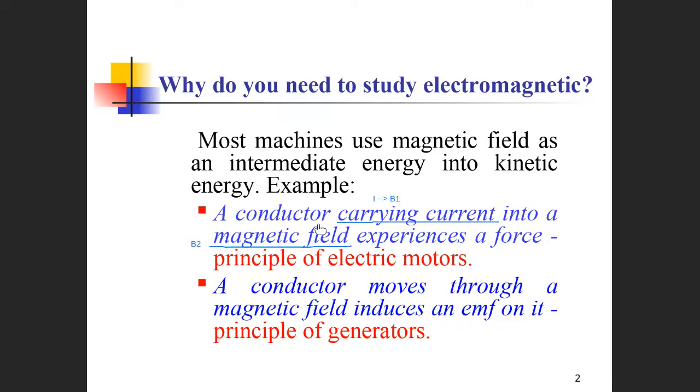So a conductor carrying current, which produces magnetic field B1, in a magnetic field B2 experiences a force. That is what I just wrote. So two magnetic fields interact and produce force. This force pushes the conductor to move, because the conductor is carrying charge.